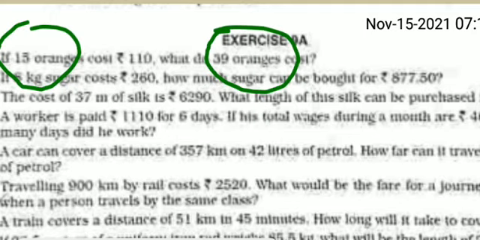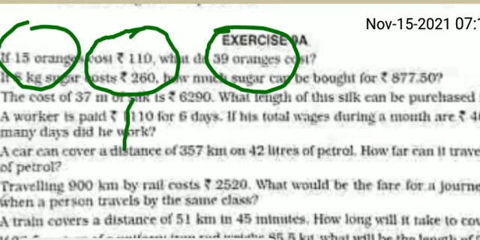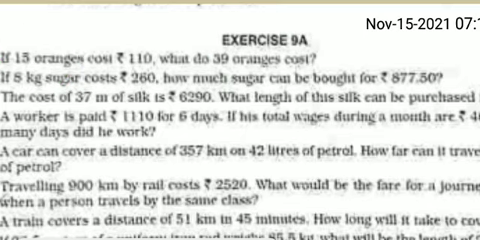So the same type of unit you have to keep on the left side, and whatever you have to find out here, the cost, you have to keep on the right-hand side. Okay. So here 15 oranges cost 110. So what is the cost of 39 oranges? So let's see.